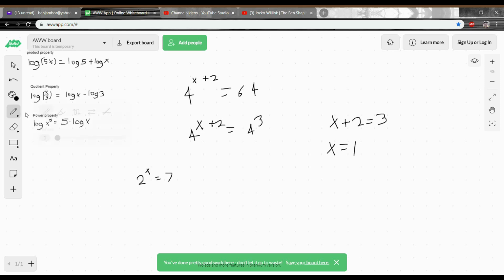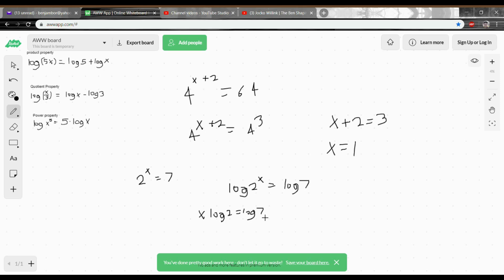But we learned some new things where we could take the logarithm of both sides. So that looked like log base 10 of 2 to the x equal to the log of 7. And remember, we can use the power property to write that x times the log of 2 is equal to the log of 7.